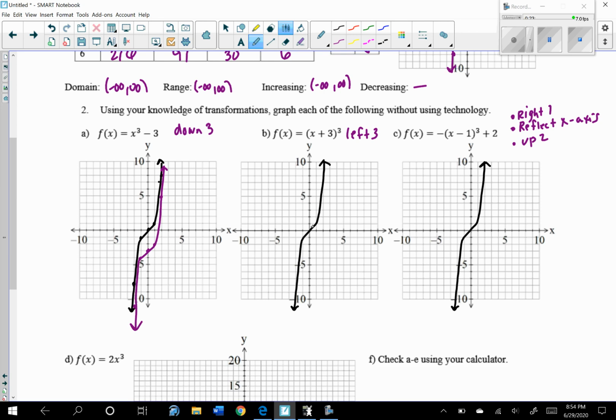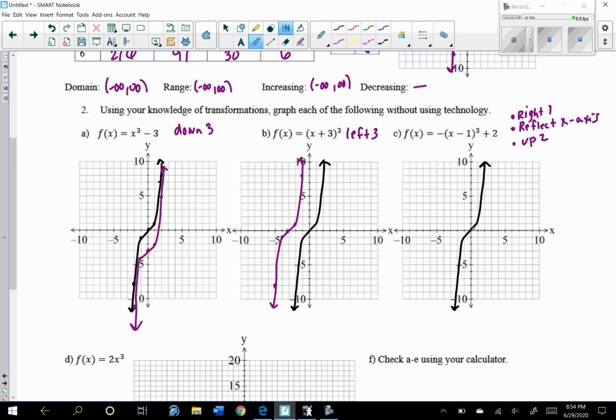Over here, left 3 means we're just going to count left 3 for each point. And here, we're going to move right 1 and up 2.